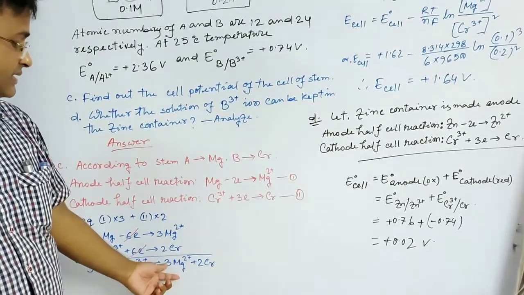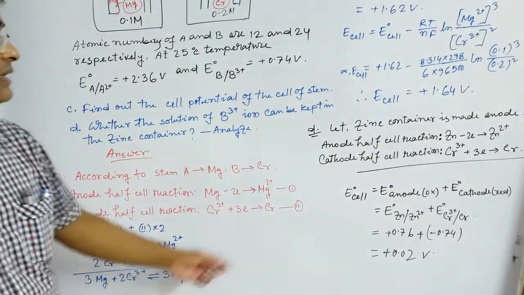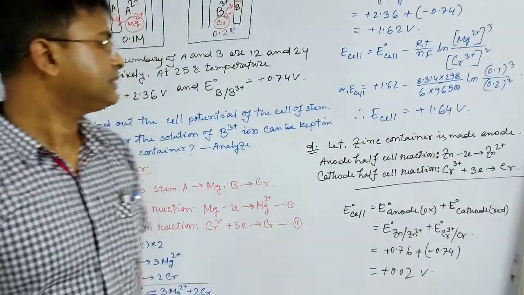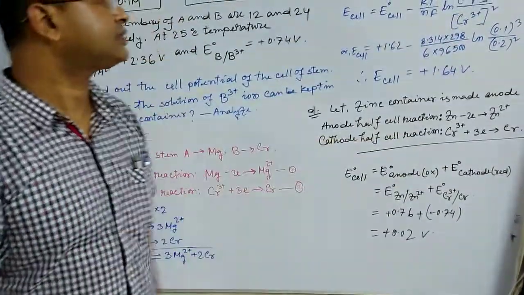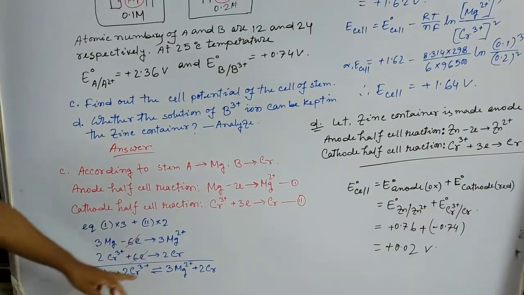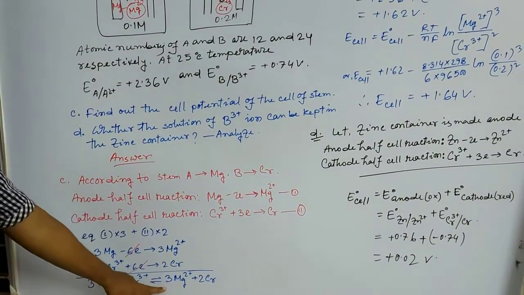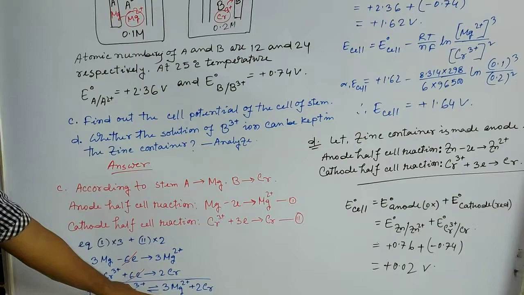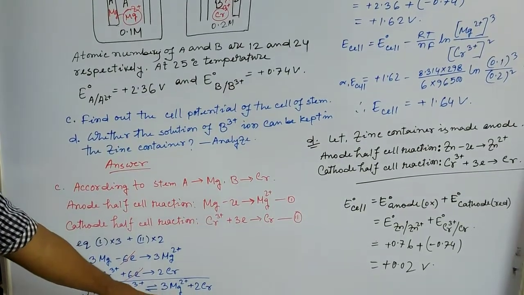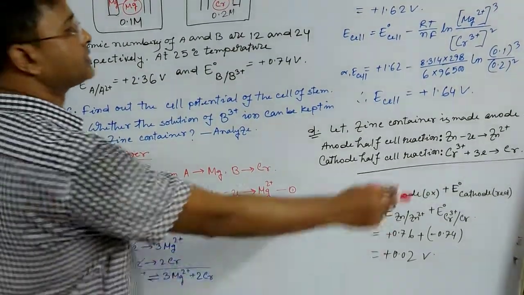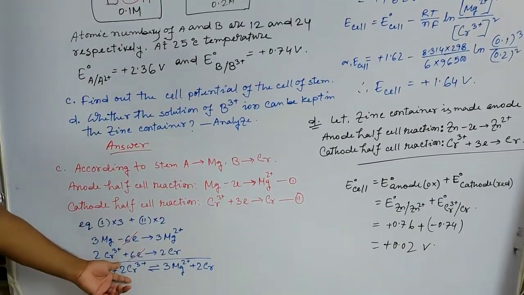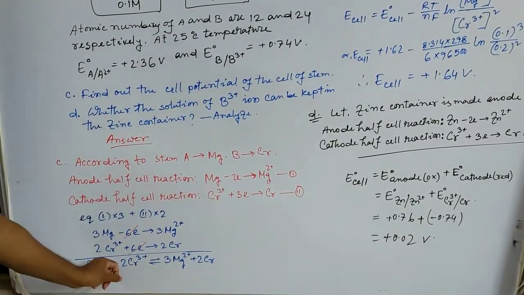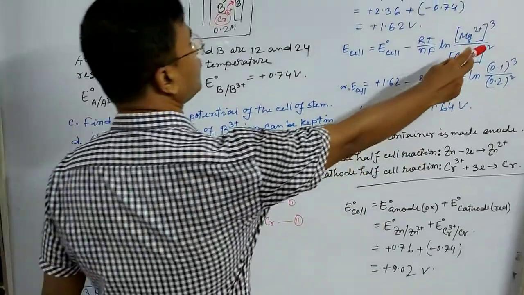over the molar concentration of reactant. My dear students, in the case of molar concentration, the coefficient will be the power: the molar concentration of Mg2 plus to the power 3, and the molar concentration of chromium 3 plus will be to the power 2, as the coefficient is 2.